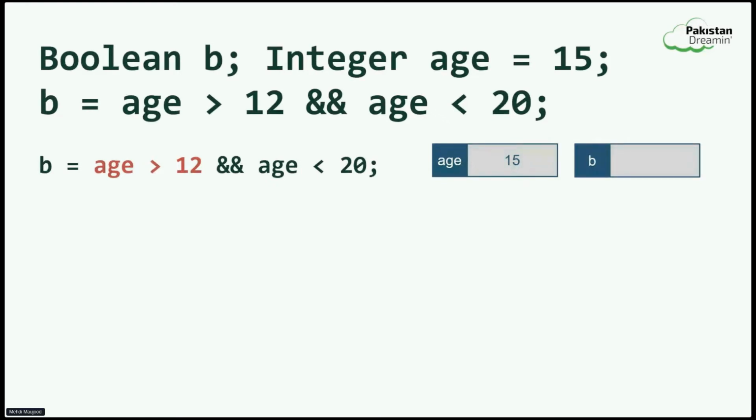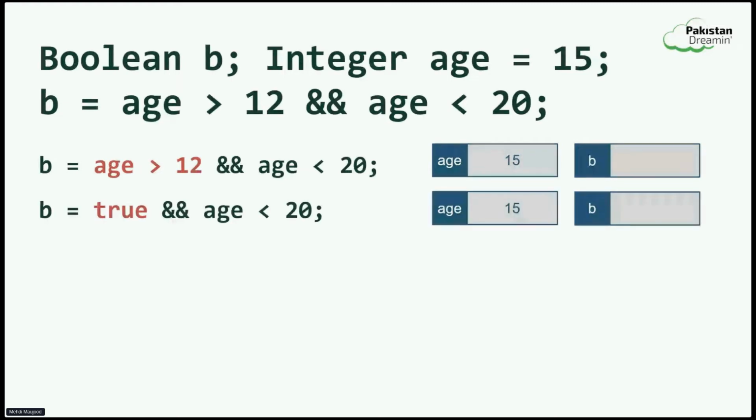So at this point in memory, the variable age is 15. And is it greater than 12? That's simple. Yes, it is. So that means that part is going to evaluate to true. So what's going to be evaluated next?